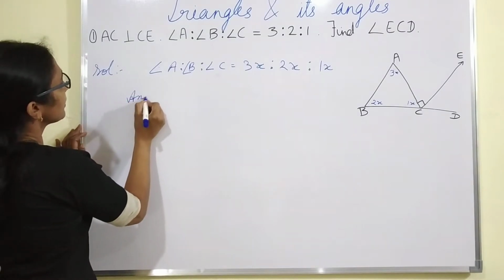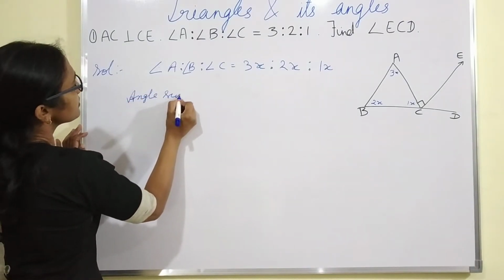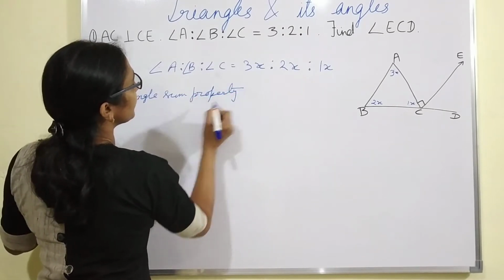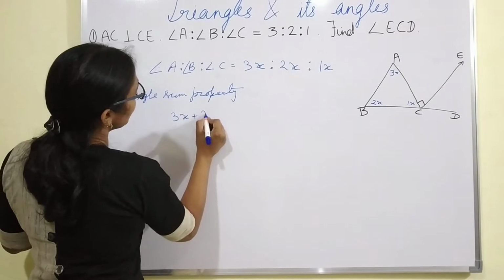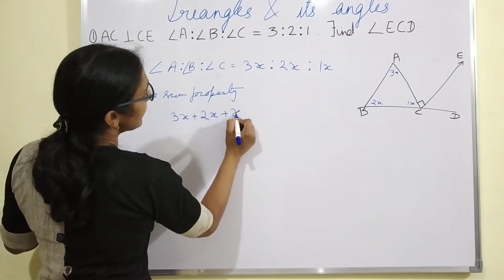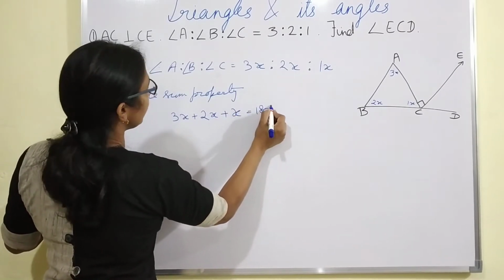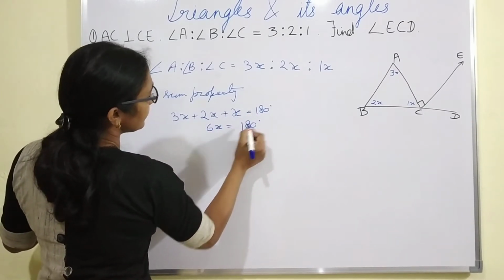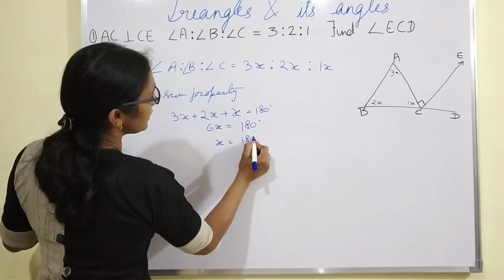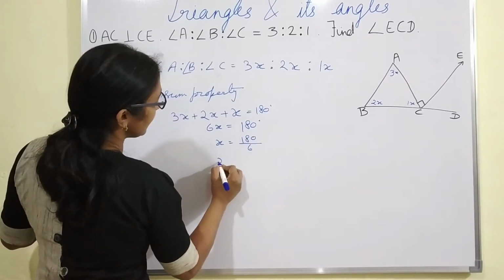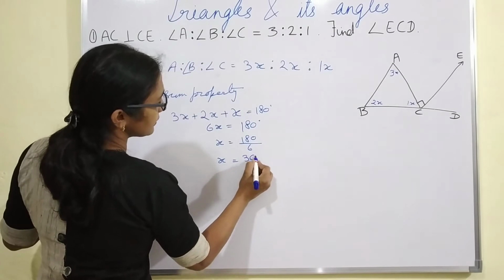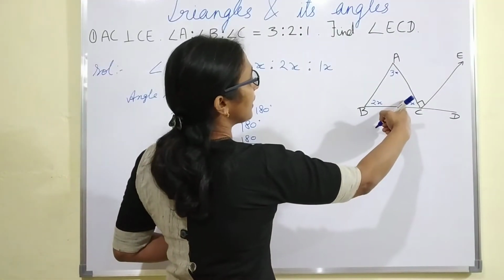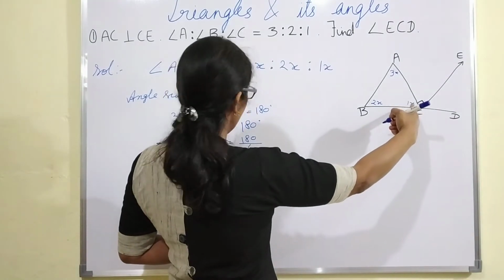According to the angle sum property, 3x plus 2x plus x equals 180 degree. So 6x equals 180 degree. So x equals 180 upon 6. Value of x is 30 degree. Now, angle C, that is 1x, equals 30 degree.